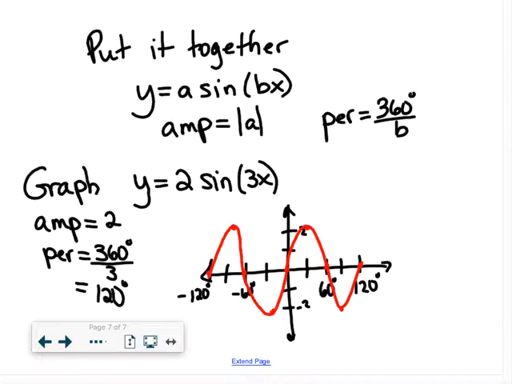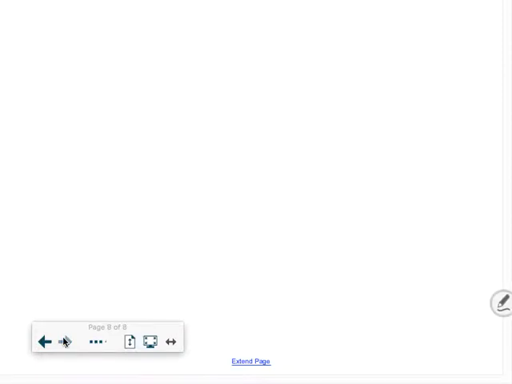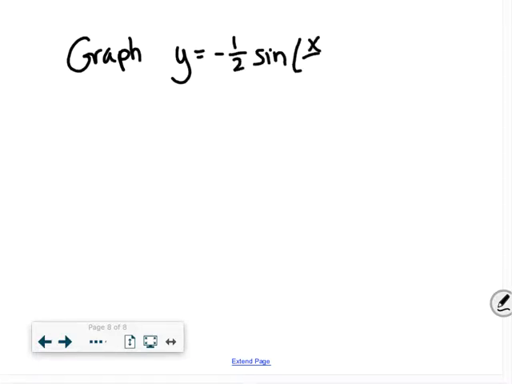And then you can verify that it does take 120 degrees to complete a cycle. You can see the amplitude is 1/2 of 2 minus negative 2, which is positive 2. If you're feeling confident, pause the video and try this one.